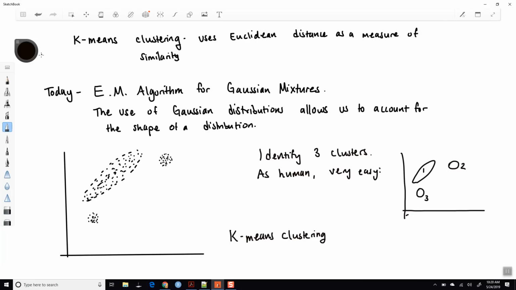What would happen? Well, k-means clustering is going to look at the distance, and it's going to say this point and this point, these two are more similar than this point and this point. Okay, so it looks at this and it looks at this, and maybe I don't want to draw directly on this thing.